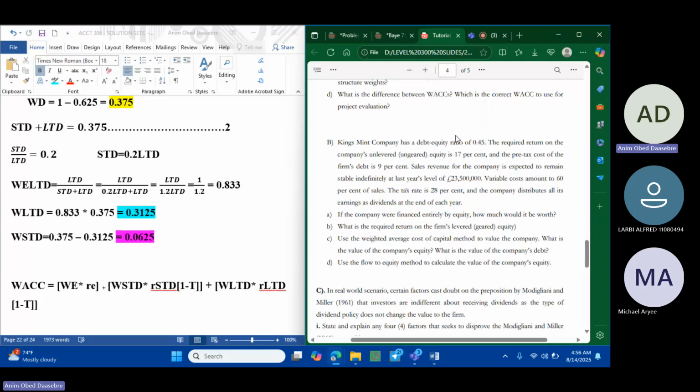So first of all, you need to find the cash flows. When you find the cash flows, then you divide by the rate, which is 17%. To find the cash flows, it is the sales revenue. Then you adjust for variable costs. Then you deduct the tax from it.